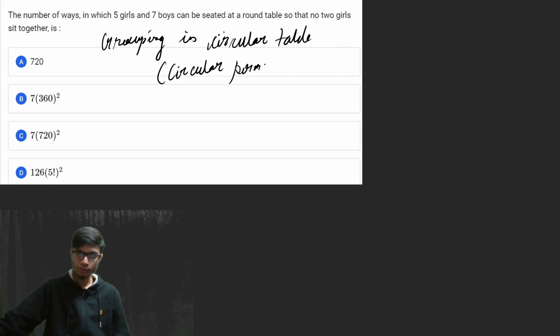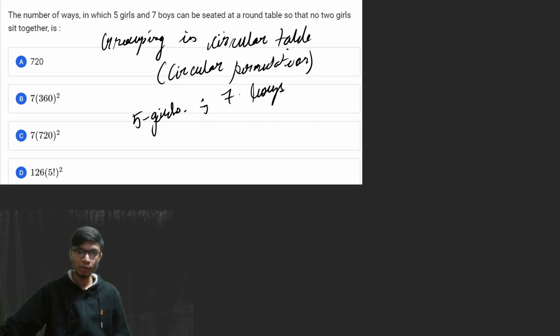It is saying that 5 girls and 7 boys can be seated in a round table so that no 2 girls sit together. So what are the basic cases?